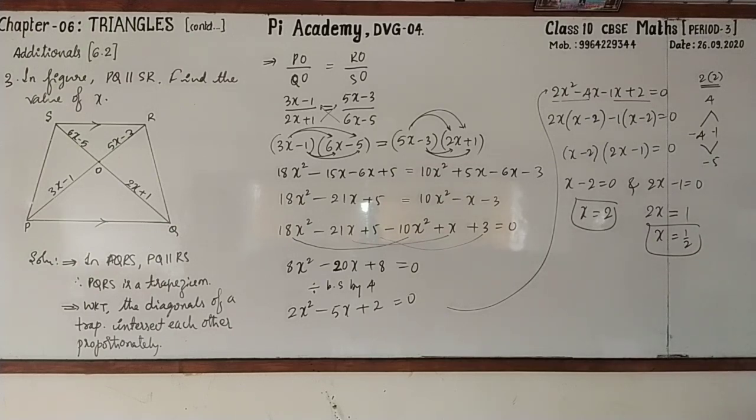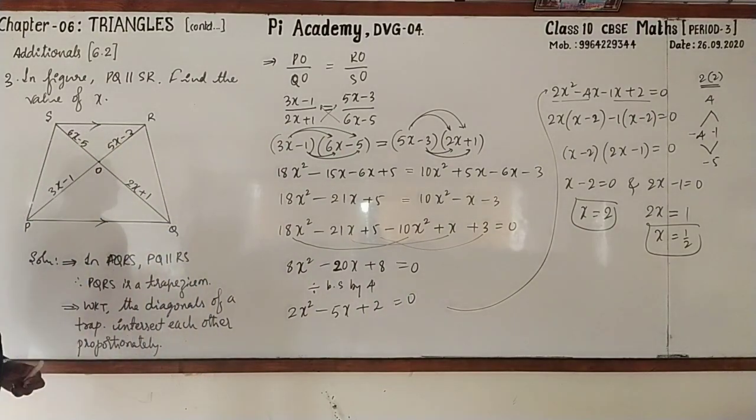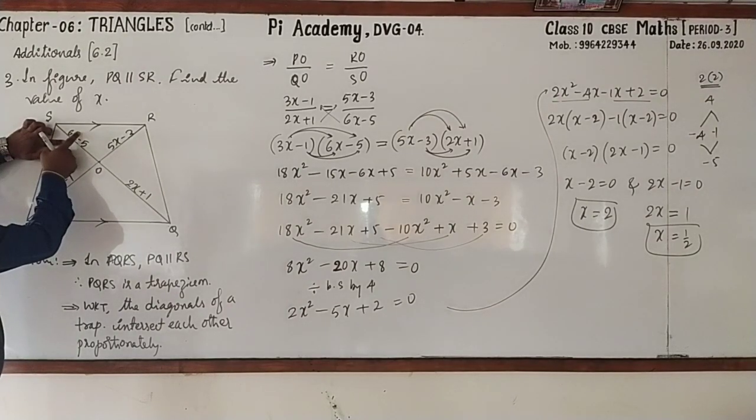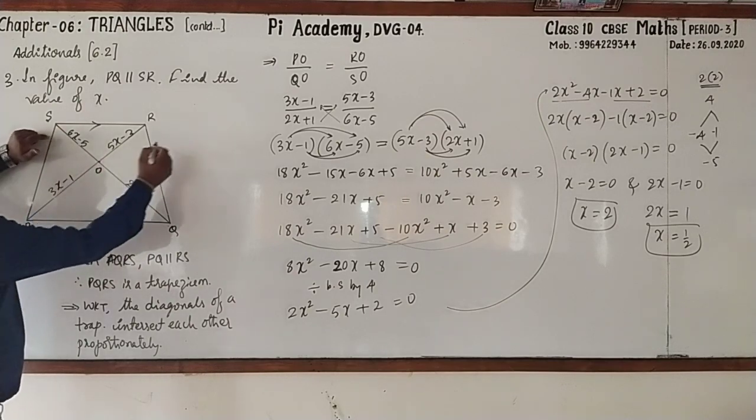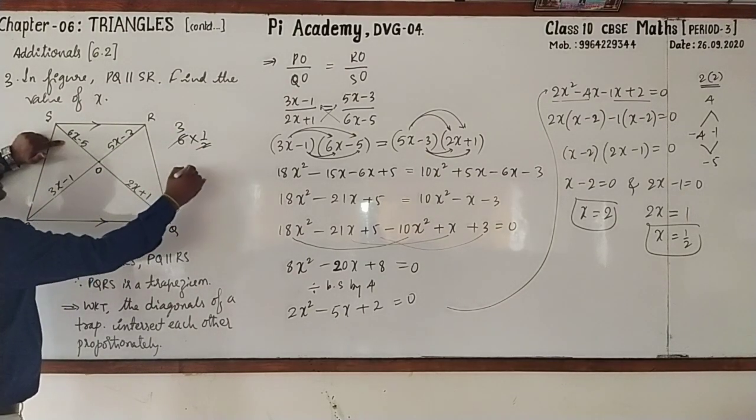Followed? Yes. Then should we go for taking x equal to 2 or x equal to 1 by 2? Do you say that, anyone? See that. Let us see what happens if x equal to 1 by 2. Here 6 into 1 by 2, 6 into 1 by 2, 1 threes are 3. What is 3 minus 5?